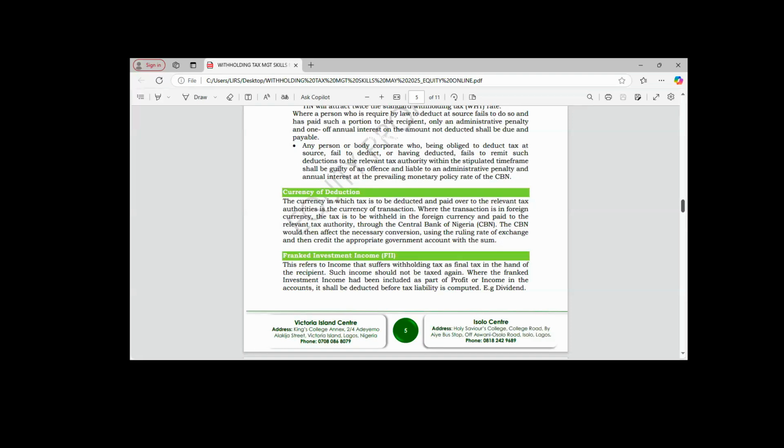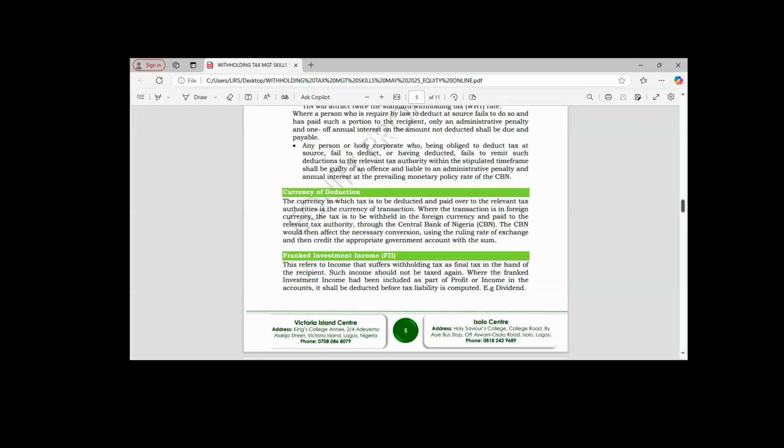When you want to pay tax, they are going to remove it from your income, where you earn it as an individual. When they are charging you to tax, if it's part of your income, they are going to remove it from your income, because the withholding tax they deduct on it is final tax.